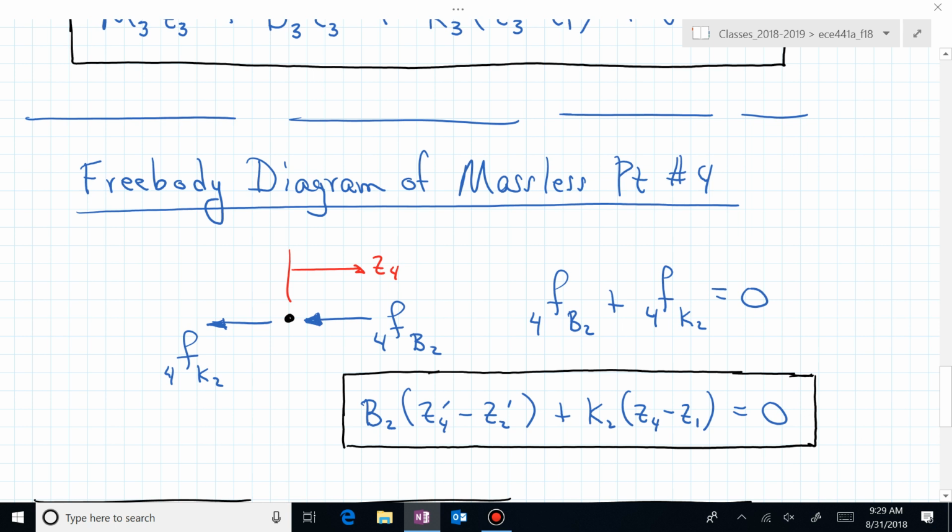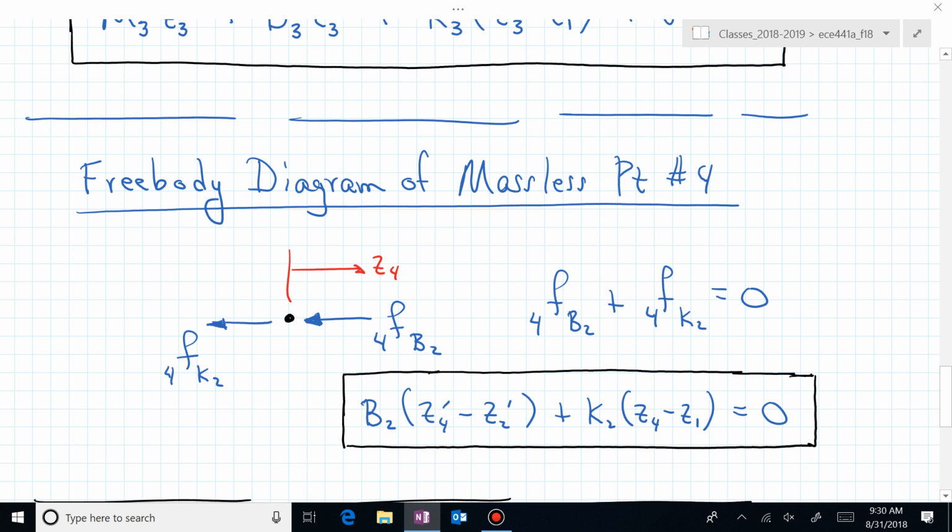We simply say those two sum to equal 0, and what are those two forces? One is associated with damping of the dashpot b sub 2, so I have velocities impacting that equation, and the other force is a spring. Questions on those?